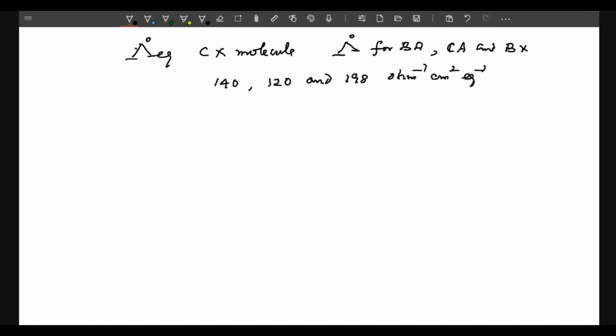They have given all of them as equivalent conductances. You are asked to calculate lambda naught equivalent of the CX molecule.